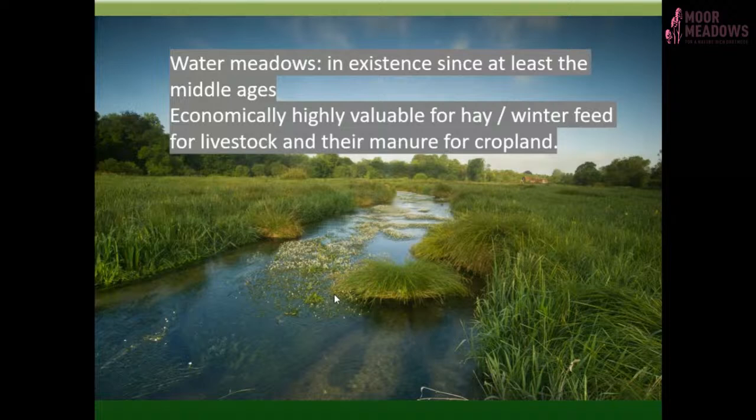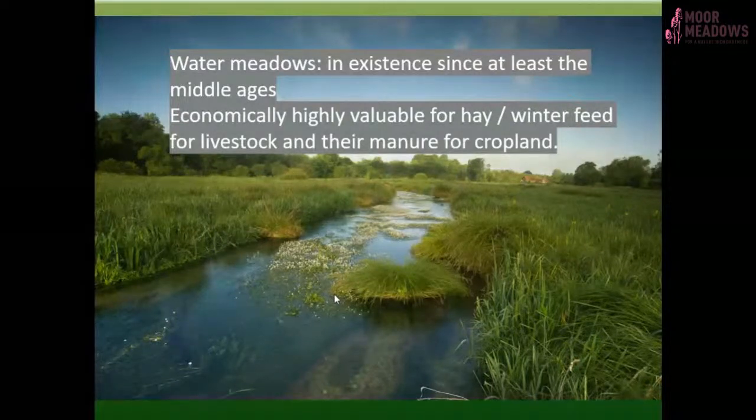And as I say, they were the most economically valuable parts of the farming system, fetching very high rent values up to the turn of the last century. And then with the discovery of chemical fertilizers, they became obsolete. Now they exist largely as nature reserves. So the Upper Thames Valley has a wonderful resource of hay meadows.